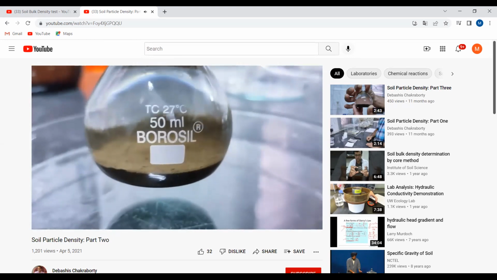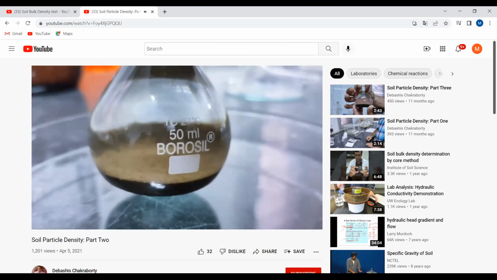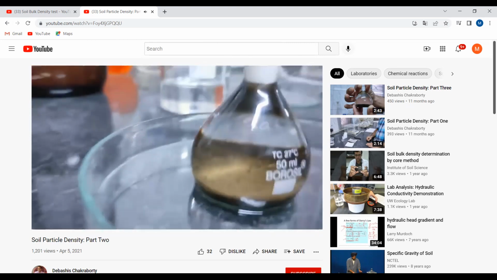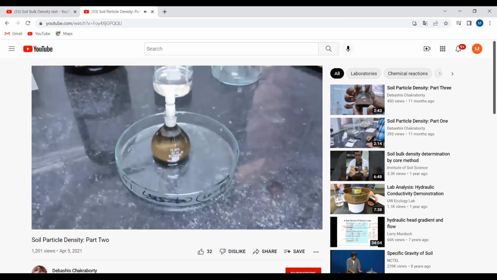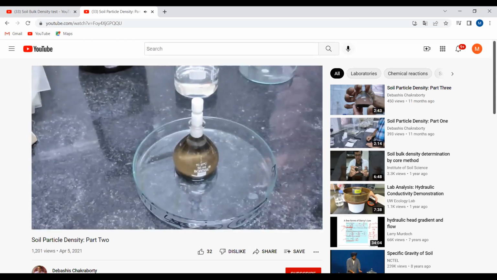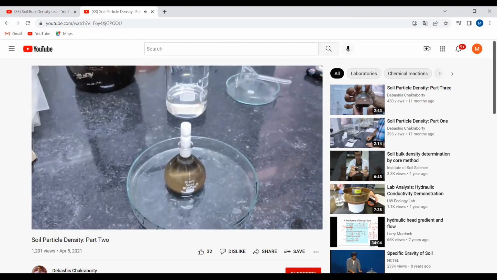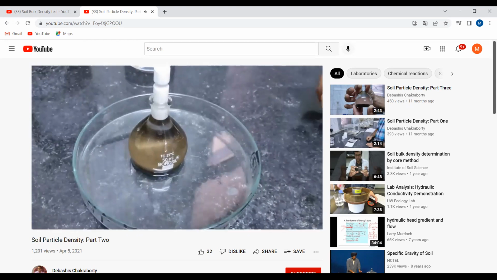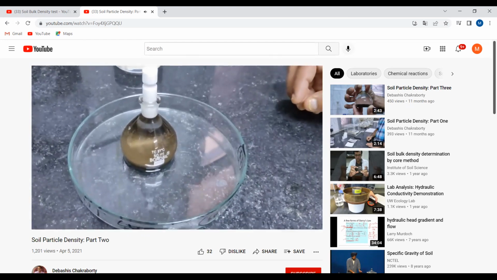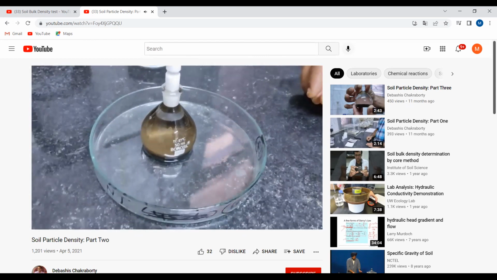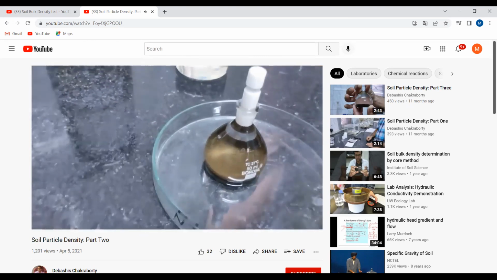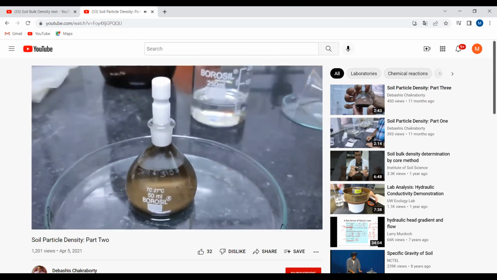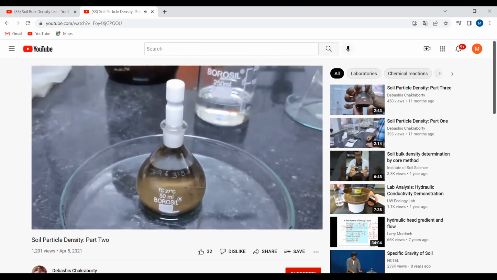Those bubbles are the spaces occupied by air. So it is advisable that you keep this pycnometer for at least 10, 15 or 20 minutes, and intermittently shake it very gently so that the bubbles all go away. As the bubbles go away, toluene takes their place and you will have less toluene, so you need to fill up the portion that was earlier occupied by the air spaces.